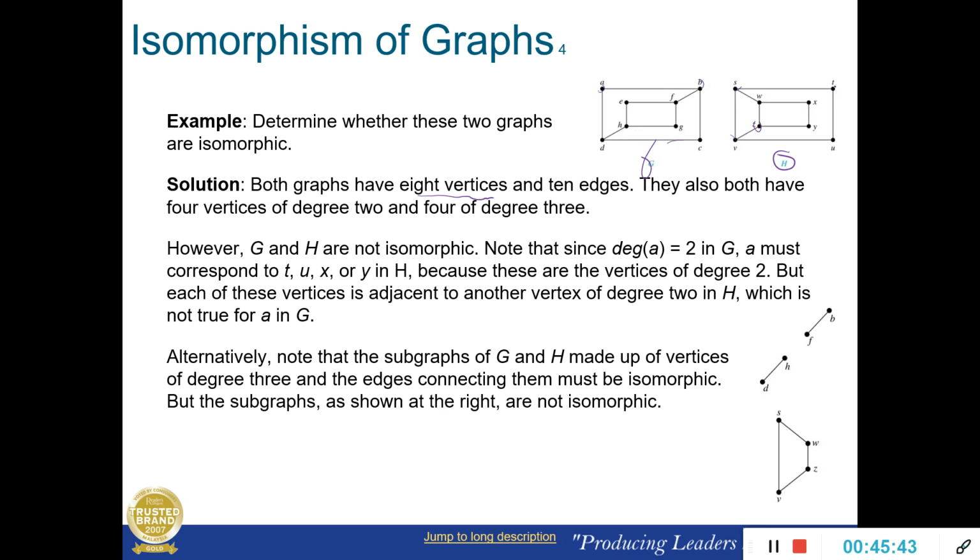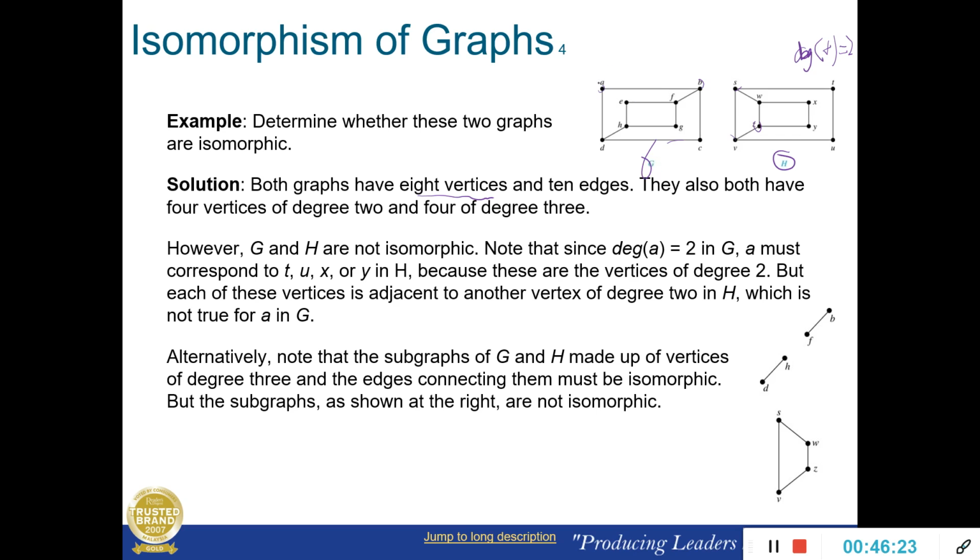But this one, if you see on the T, this is degree 2, degree of T is 2, but it is adjacent to vertex U that has degree 2, and it is also adjacent to vertex S, which has degree 3.